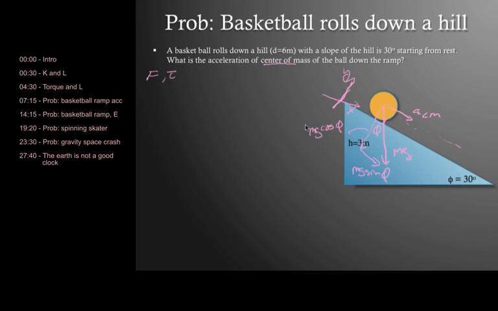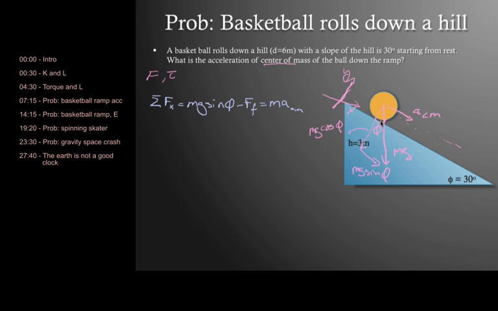And what are the sum of the forces that we have? If we just sum up the forces, just looking in this direction, the sum of the forces in our x direction is going to be mg sine phi minus our frictional force, and that is going to be the mass times the acceleration of our center of mass.